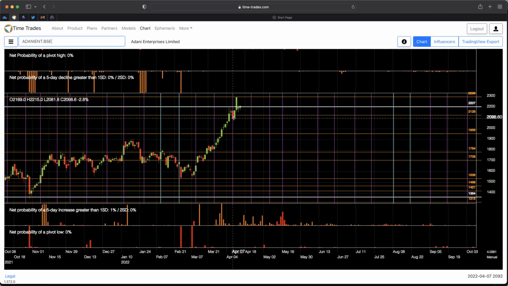So we got a very strong boost up over the white magic level, and then it sagged down. This is kind of typical. I wouldn't be surprised to see Adani kind of churn here as it builds up energy to really separate from the white magic level. If it is able to separate from this white magic level, that would definitely be a strong buy.